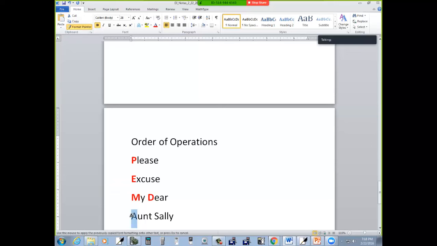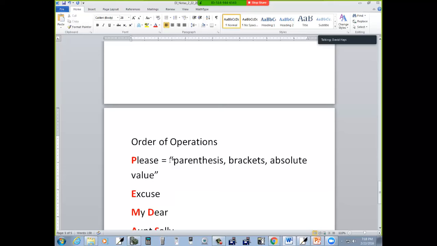Let me finish formatting this. Okay, the please. The please stands for parentheses. It's actually a little bit more than that. It stands for brackets also. And a slightly different version of that also means you do an absolute value.